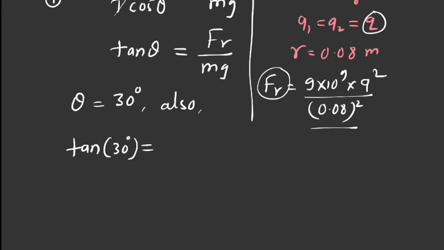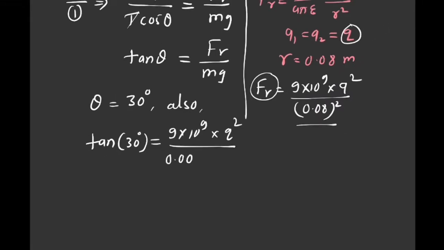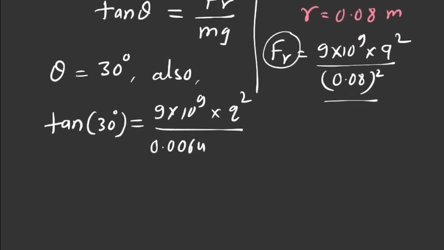Now let us substitute the values in this equation. Tan 30 degree is equal to 9 into 10 to the power 9, as you can see here, into q square divided by 0.08 whole square, which becomes 0.0064, into m into g.